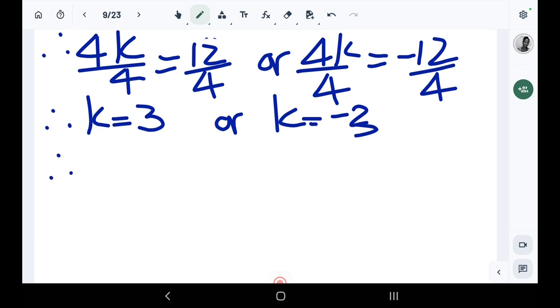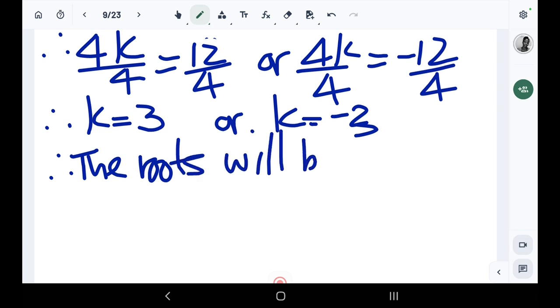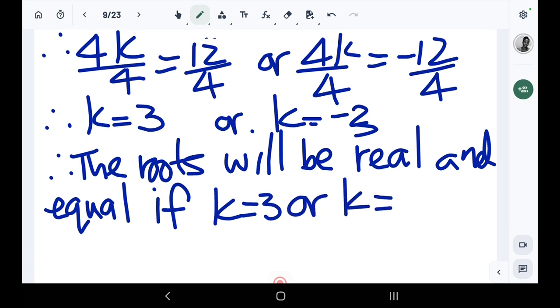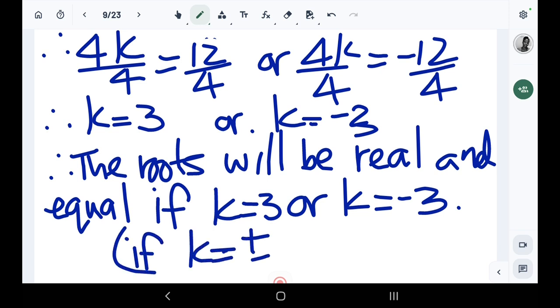Therefore, the roots will be real and equal if k equals 3 or k equals negative 3. You can simply write it as if k equals plus or minus 3. That is a shortcut way of doing it. It's exactly the same thing.